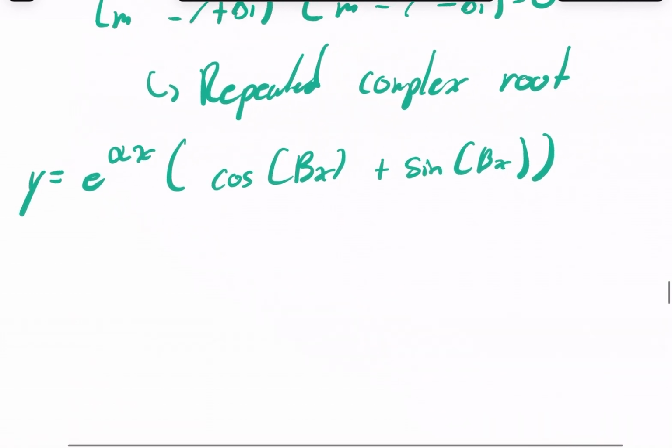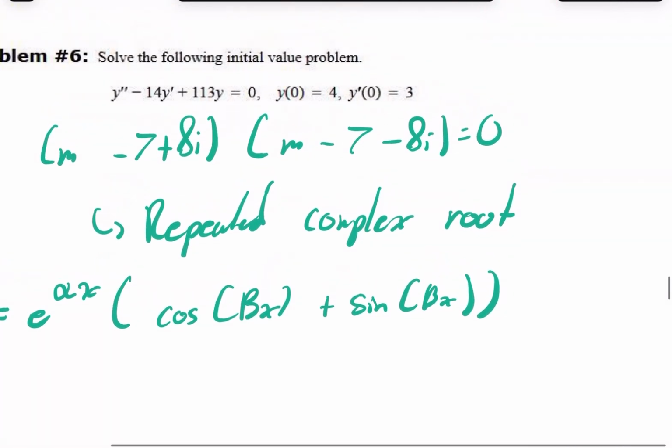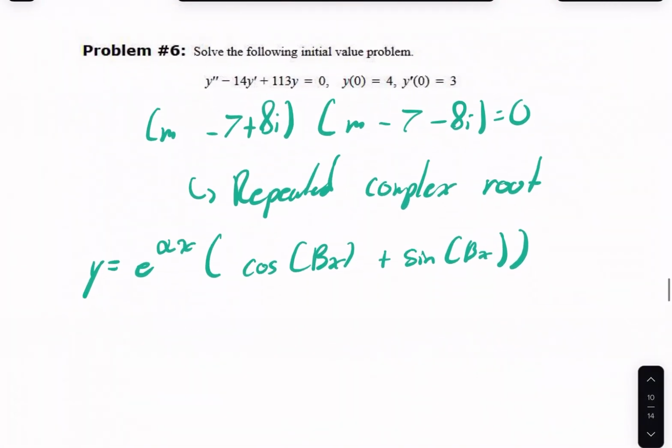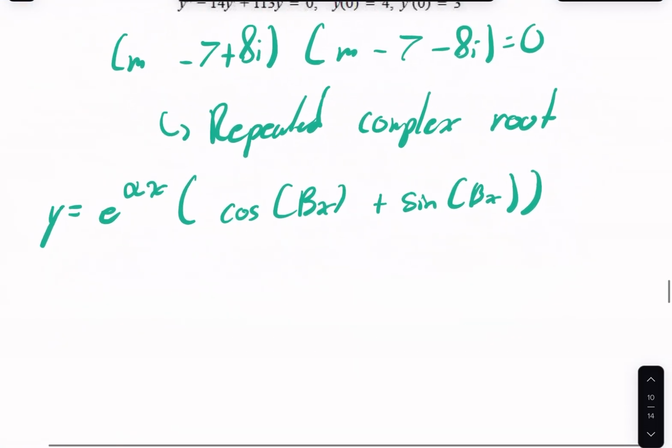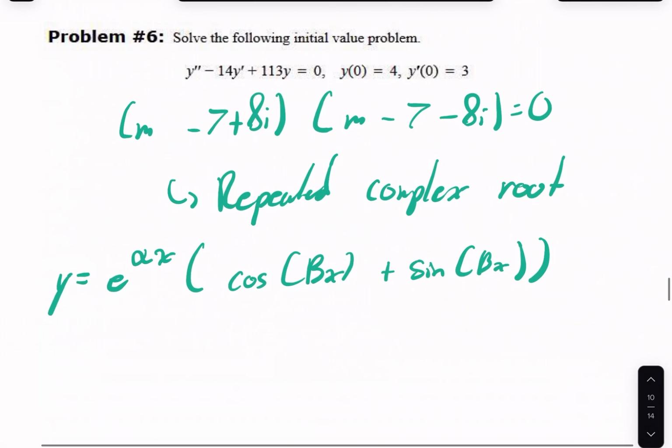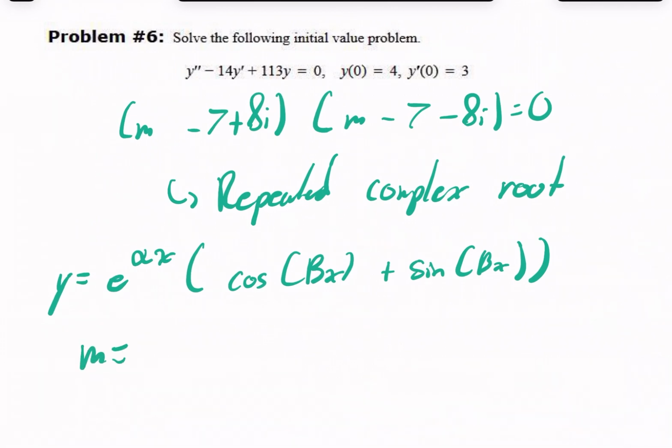Okay? And so we know that m equals alpha plus or minus beta i, and in our case this equals 7 plus or minus 8i.